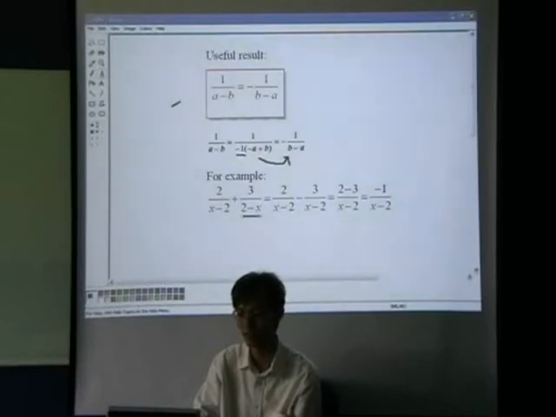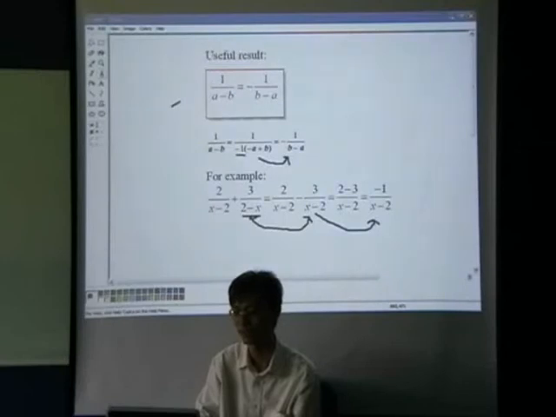You find that this 2 minus x can be changed to x minus 2 by changing the sign in front from a plus to a minus. In doing so, we have a common denominator of x minus 2. Subsequently, we get the result by subtracting the two terms to give you minus 1 over x minus 2.